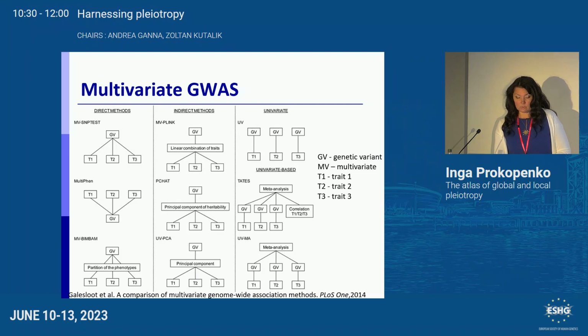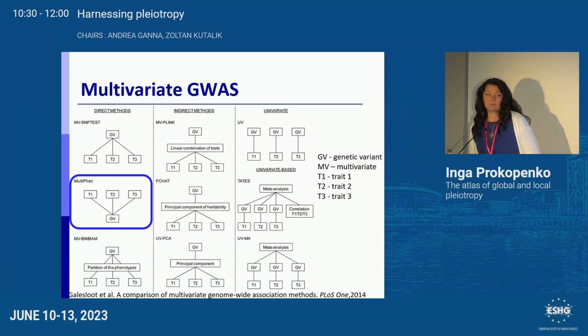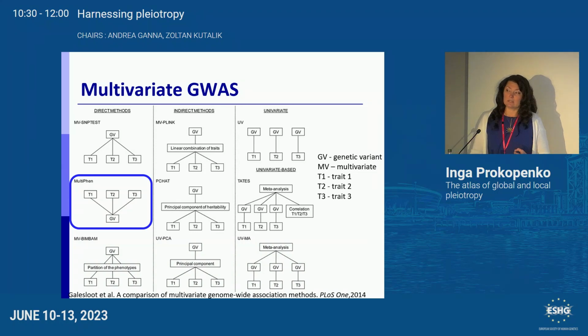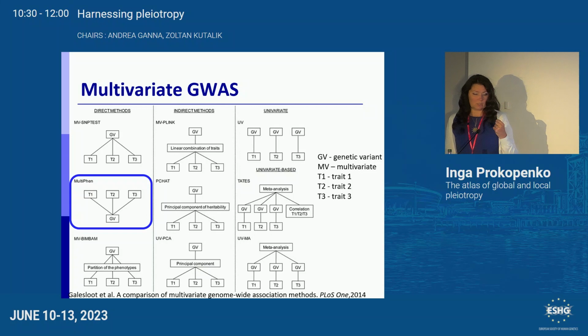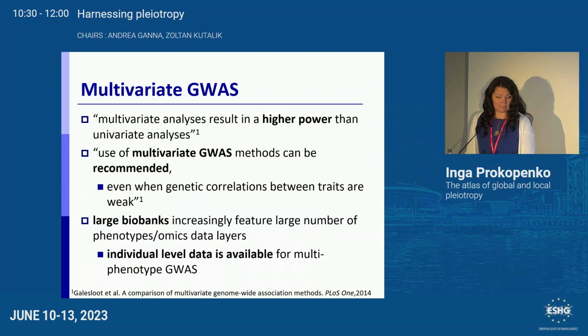So one of those direct methods is one which I quite like, because I'm focusing on this methodology directly. It was first proposed in the Multifen software, and this method uses a reverse regression approach. So you can see that instead of analyzing genetic variant, we are actually predicting genetic variant from the traits.